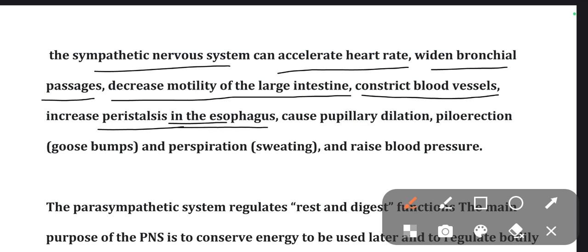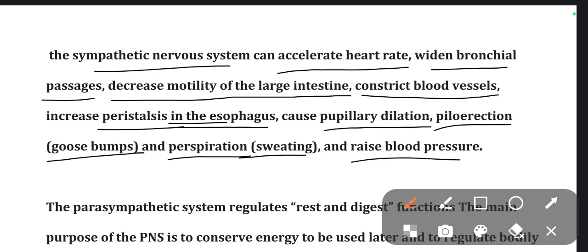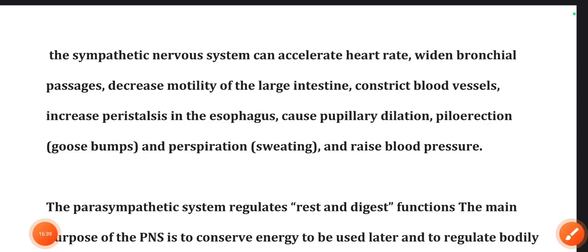It also causes pupillary dilatation and piloerection, or goosebumps, and perspiration, that is, sweating, and a raising of the blood pressure. So these are all controlled by the sympathetic nervous system. We don't have any control over these structures.